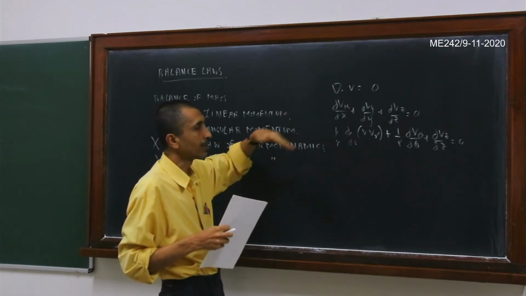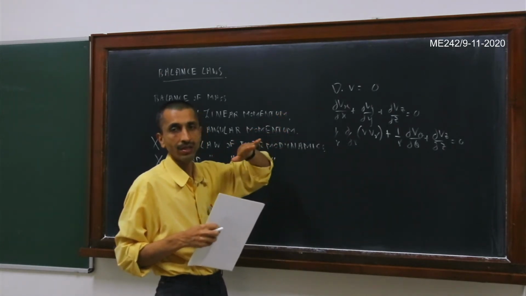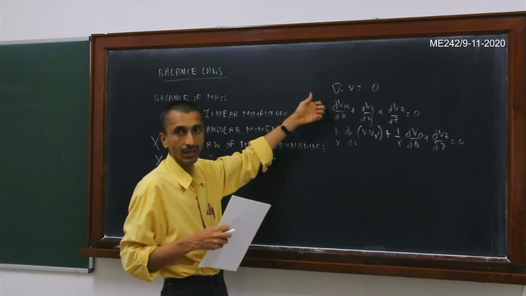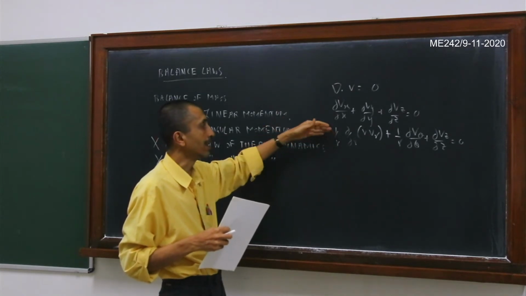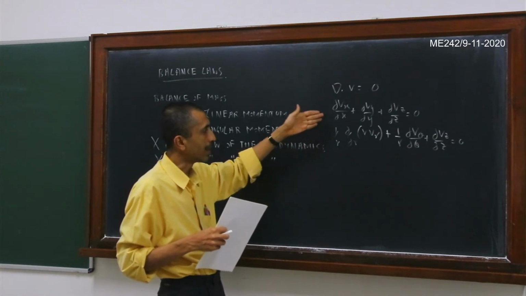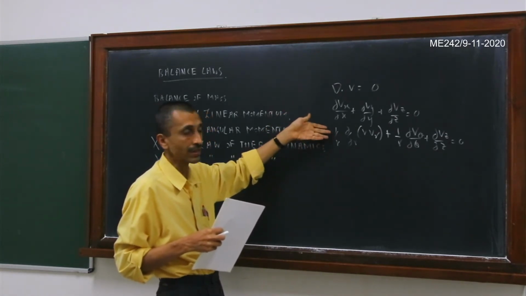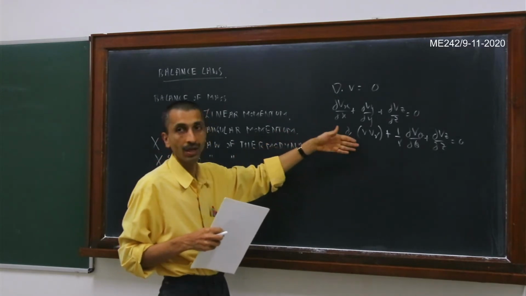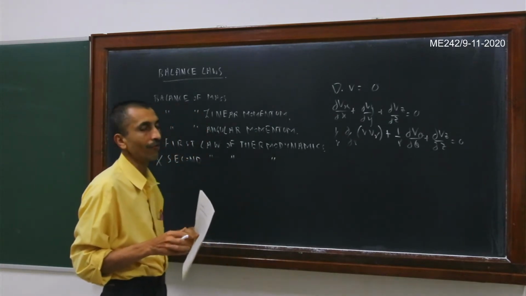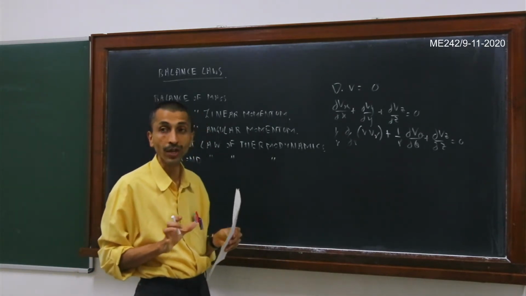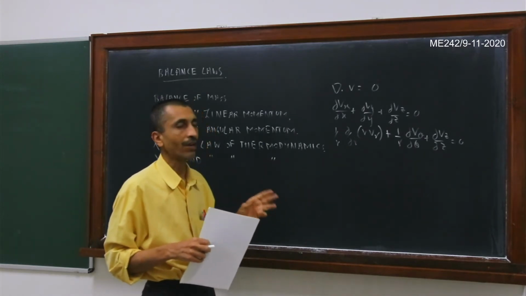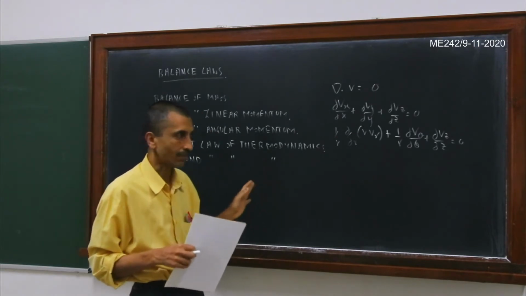So if suppose the geometry is rectangular or something like that, then the Cartesian system would be more appropriate, and then we will write the incompressibility condition in this particular way. If we are using a polar coordinate or a cylindrical coordinate system, then it is more appropriate to use a cylindrical system then, and then we will use this particular form of the incompressibility condition and so on. Okay, so what I am trying to emphasize here is that we will derive first the tensorial form of the equation, and then as the situation demands, we will look at particular forms of that tensorial equation in various coordinate systems. Okay, so that is the idea here.